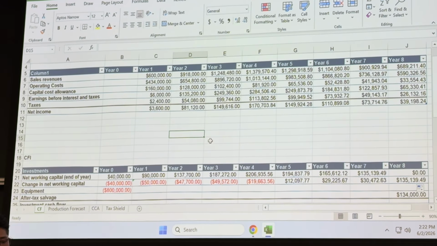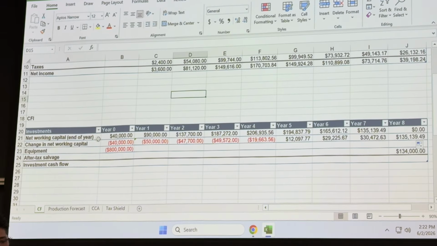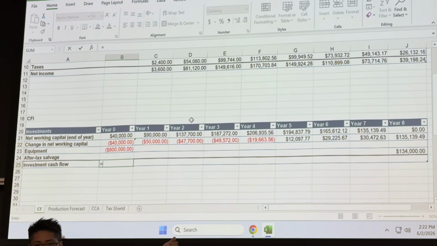Now, after these 4 lines, I have net working capital, change in net working capital, equipment and salvage value. Now for the investment cash flow, this is ICF. ICF only cares about the cash flow, which is change in net working capital and any asset that you have invested or sold. So in that case, it's the sum of the last 3 lines.